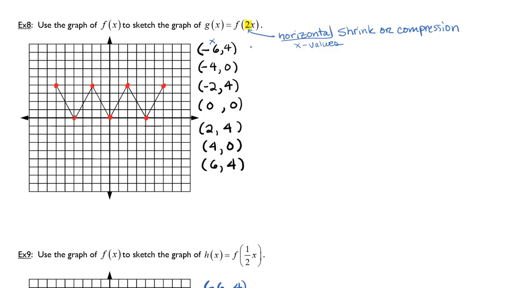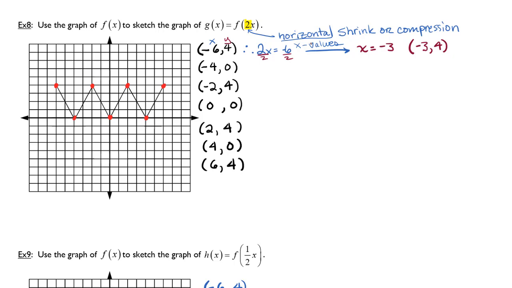So we just take the 2x, so we can say therefore 2x equals -6, and then solve for x. And x is now equal to -3. So the vertical coordinate has not changed at all. So our new value will be at -3, 4, because our 4 didn't change.